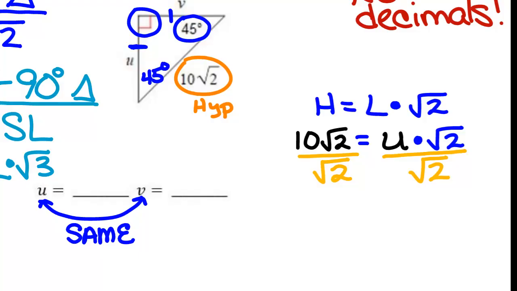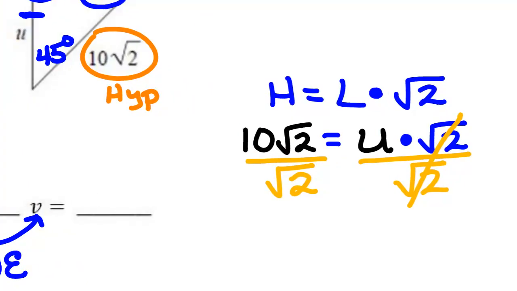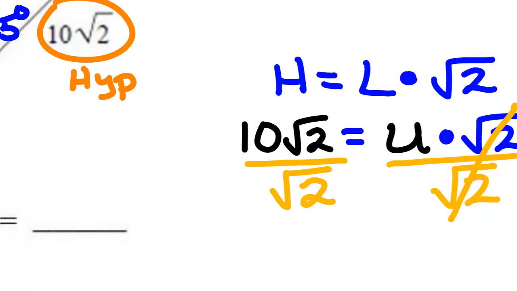Over on the right, the radical 2 in the numerator and the radical 2 in the denominator cancel each other out. So I have just U left on the right-hand side. On the left-hand side, I have a radical 2 in my numerator. What operation is happening between the 10 and the radical 2? Multiplication.